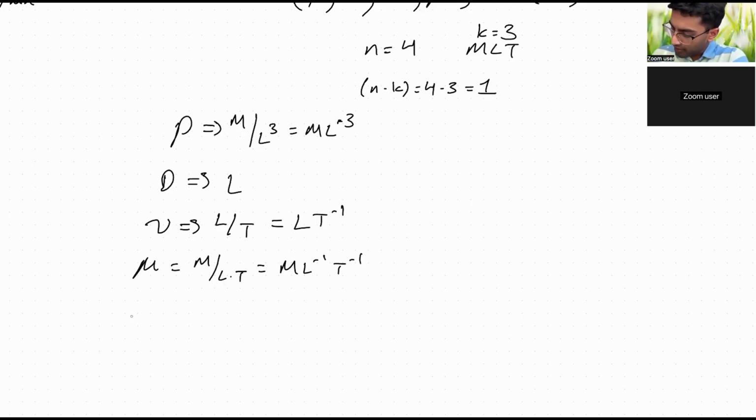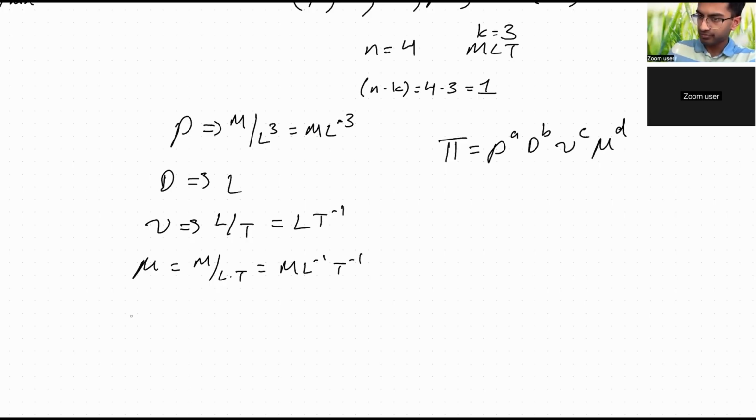And so we know that our pi group, pi, is equal to rho to some coefficient A, D to some coefficient B, times velocity to some coefficient C, times the viscosity to some coefficient D. We can actually put these in terms of our fundamental dimensions here.